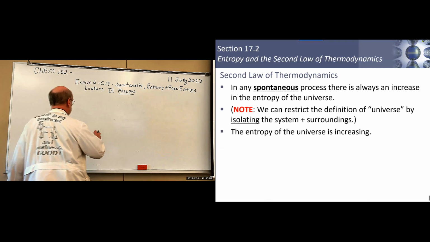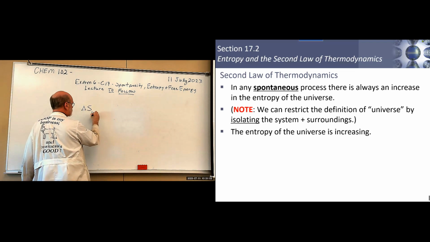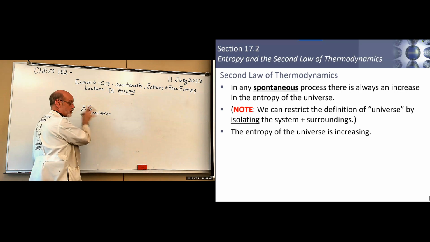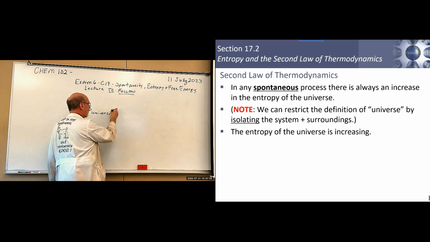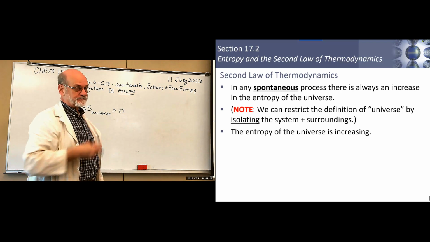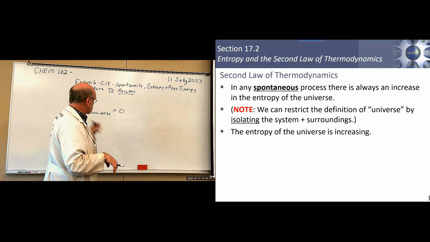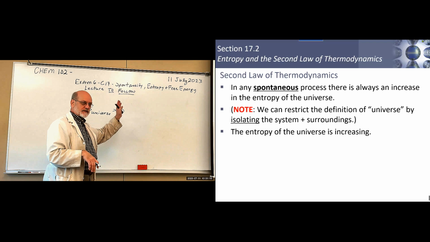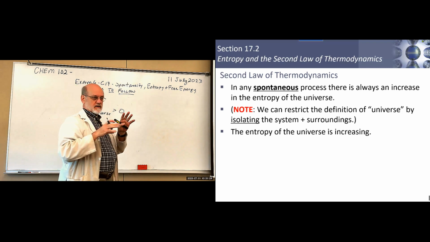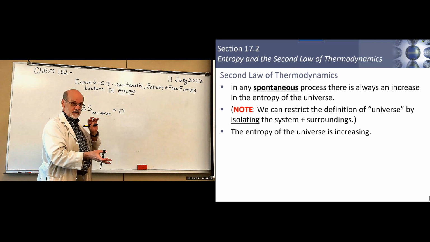But this is true. The entropy change for the universe, and by this I mean the entire universe, is always greater than zero. It's always increasing. Like I said before, there can be local pockets of decreasing entropy versus increasing entropy, and particularly when you couple systems together or systems and surroundings, you can find that one increases entropy and the other one decreases.